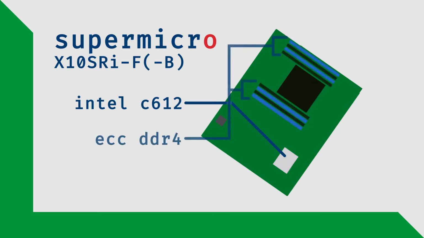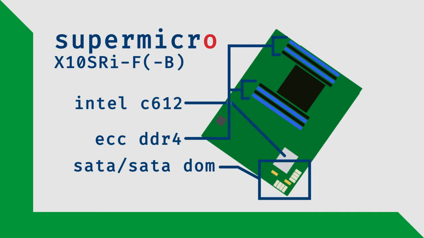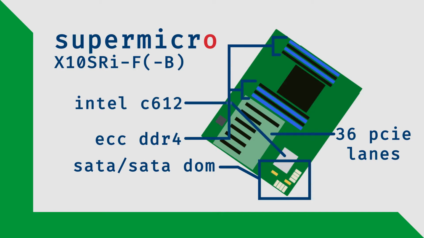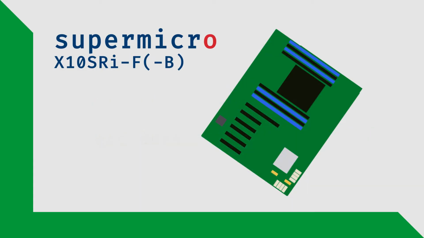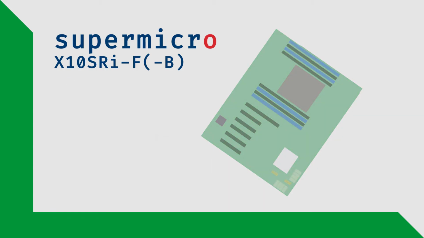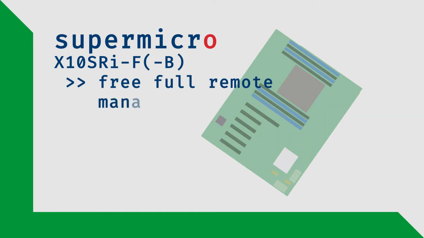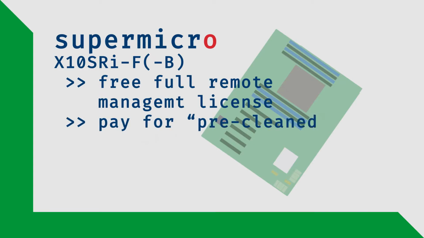We just care about the ECC memory support, 10 SATA ports including 2 SATA DOMs with onboard power, a generous assortment of PCIe 3.0 slots, more on that later on, and finally the built-in remote management capabilities. A positive note of purchasing this board second-hand is that it already came with a full KVM license. Having purchased this sort of board previously, I decided to pay to get it pre-cleaned, and those €5.80 were well worth it.